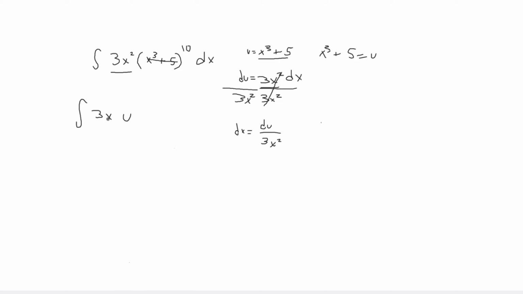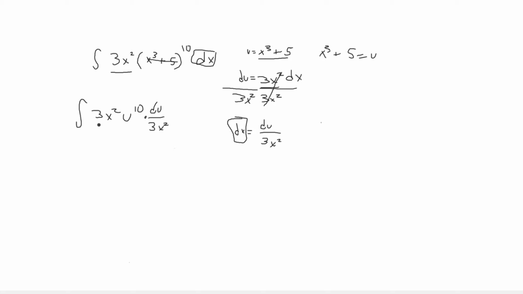We have 3x squared. We have our u to the 10th power. And then what we can do is replace dx with du over 3x squared. And these are multiplied.